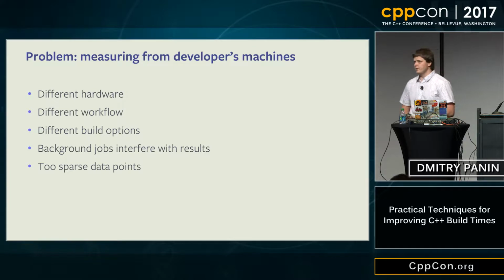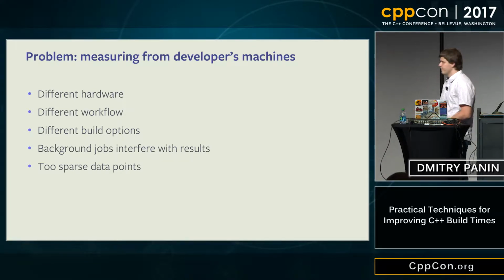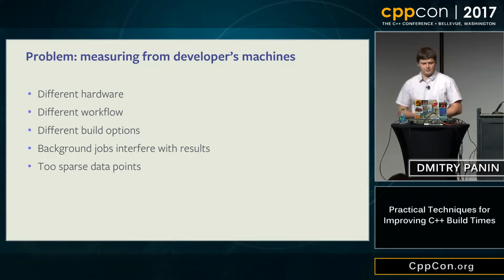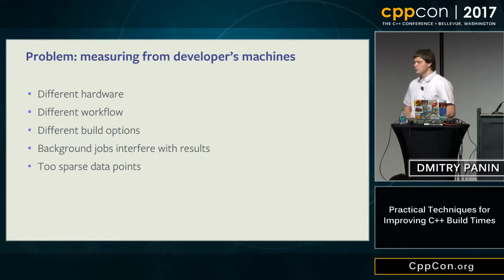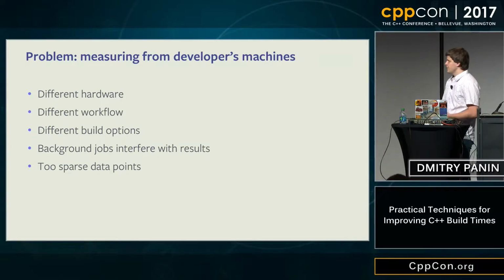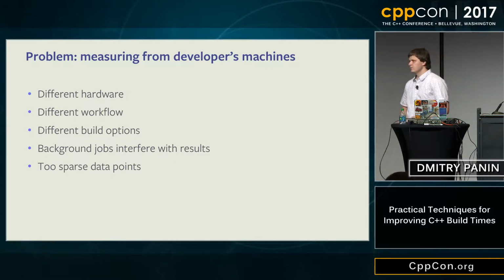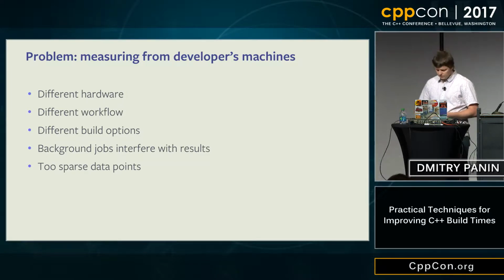Engineers can run their builds on different hardware. Someone may run builds on iPhones. I hope not, but someone might. The workflow can be different too. Someone might modify just a few files on a small project, while others will be building the entire universe. They can experiment with different build options. Some engineers just try all the possible optimizations, others are fine with just compiling their code and they're done.